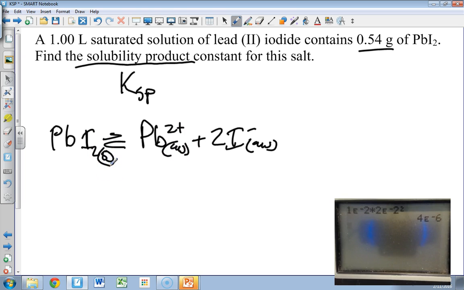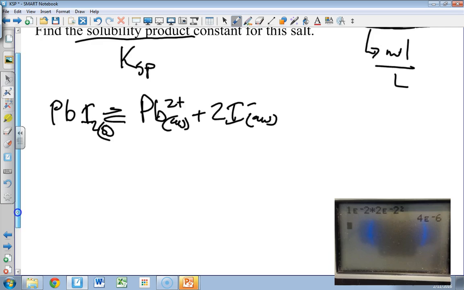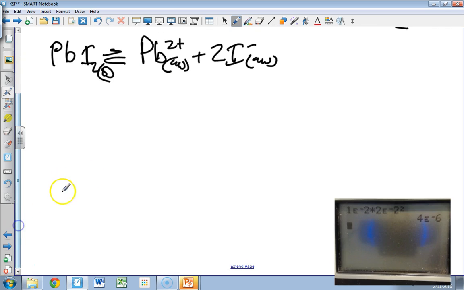Now we can determine how much of this we have. How do we determine that? Well, if we know how many grams of lead iodide there is, we can convert this to moles and then divide by the volume. So we kind of have to do that in order to get the Ksp value in here.